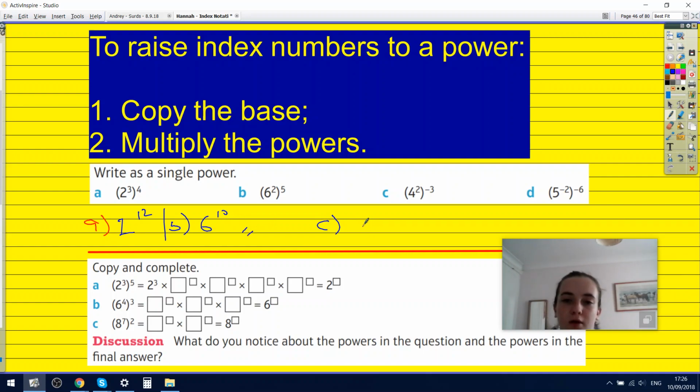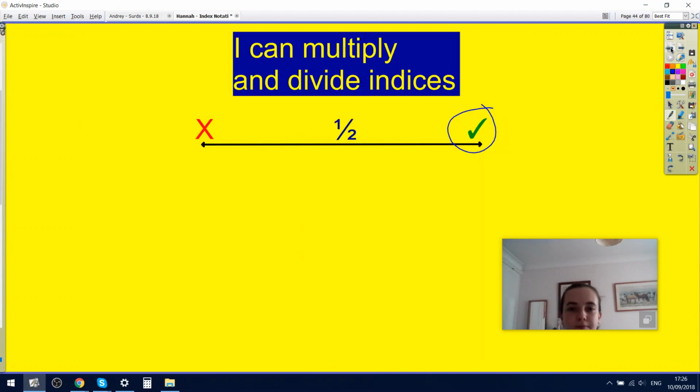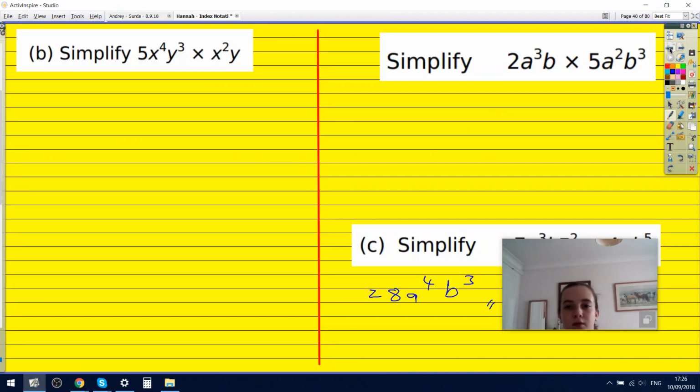4 to the minus 6. And D? 5 to the 12. And is there any other way you could write C? 1 over 4 to the 6. Well done. And so let me now jump back, way back.